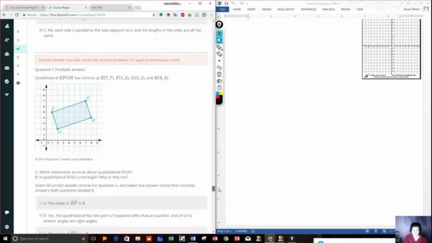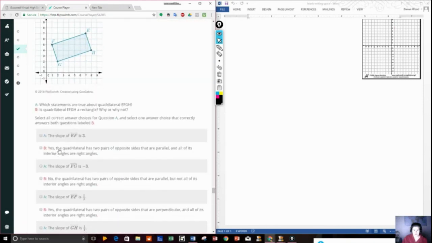So when you come here to question 7, yes, the quadrilateral has two pairs of opposite sides that are parallel, and all of its interior angles are right angles. That, or we're going to look for the no of it. So you're looking for opposite sides that are parallel and interior right angles. So that's how you would go back and check, okay, what do I need in order to prove a rectangle?